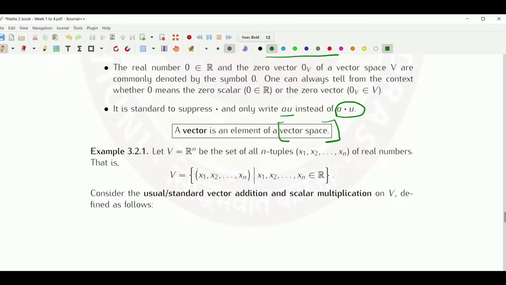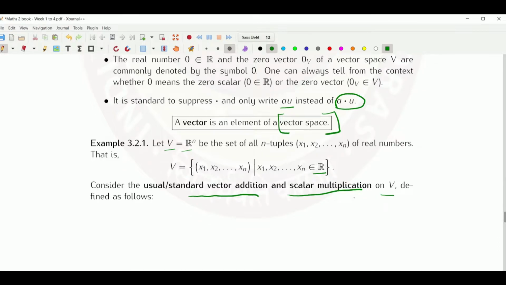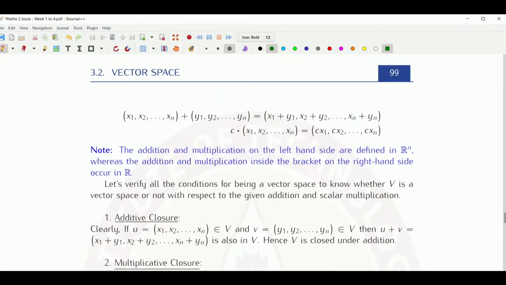Let's see the example. V is equal to R^n, the set of all n-tuples (x1, x2, ..., xn) of real numbers, that is, V is equal to the set of (x1, x2, ..., xn) such that x1, x2, ..., xn belong to R. Consider the usual standard vector addition and scalar multiplication on V defined as follows: (x1, x2, ..., xn) plus (y1, y2, ..., yn) is equal to (x1 plus y1, x2 plus y2, ..., xn plus yn). That is the addition.